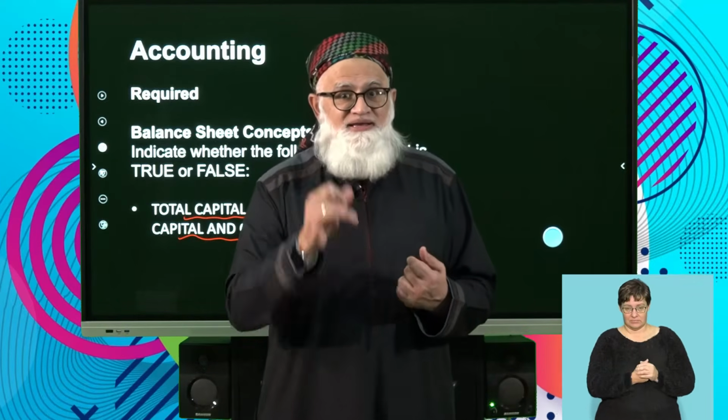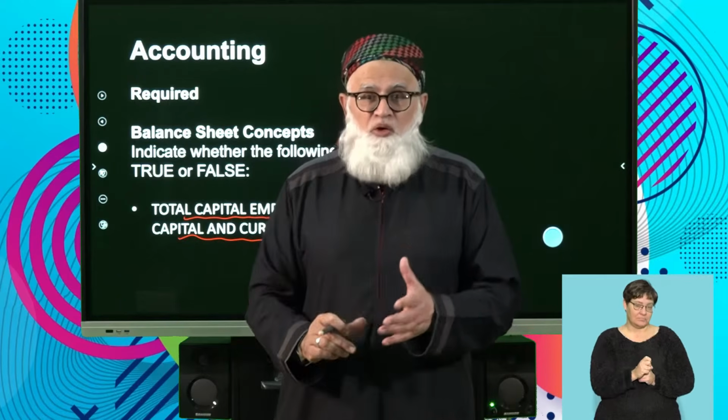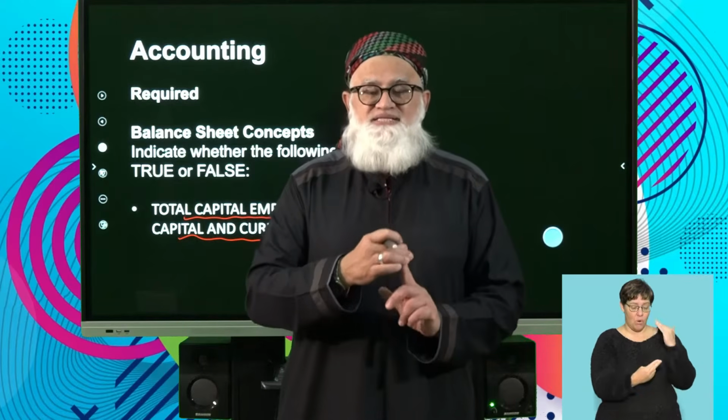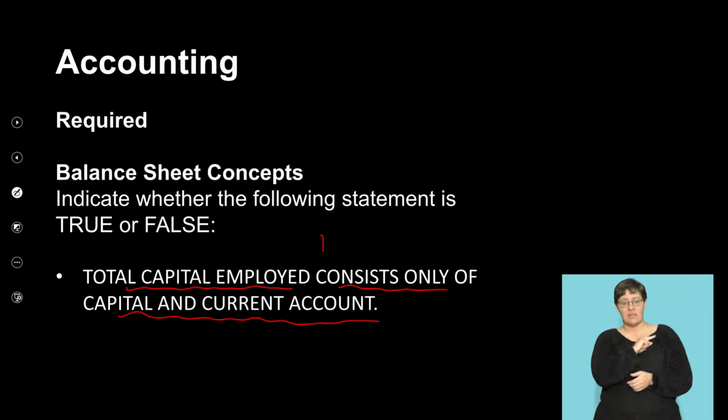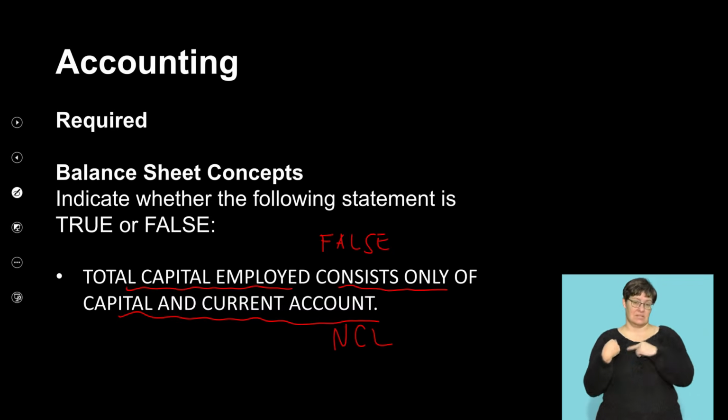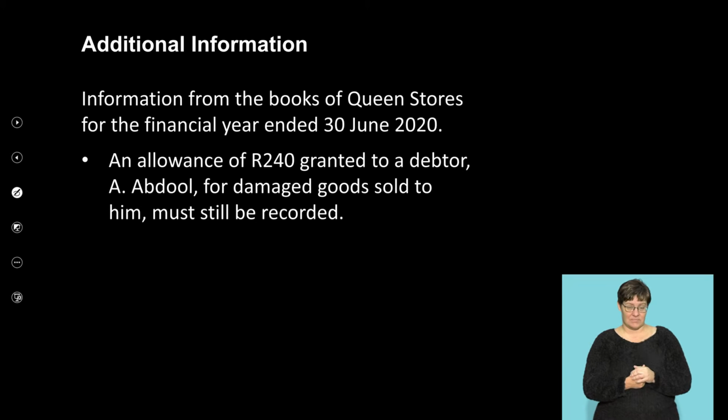So keep that in mind. Capital employed is equity plus non-current liabilities. Therefore, this statement would be false because it also includes the non-current liability component of your balance sheet.